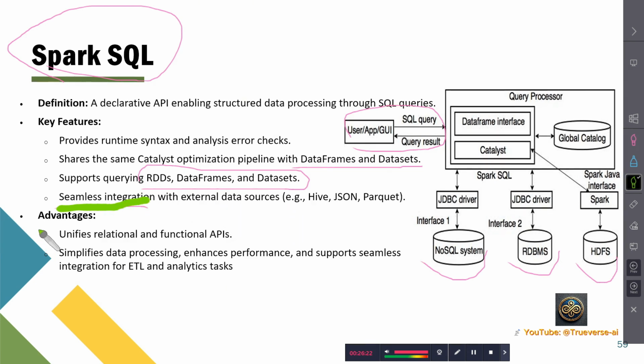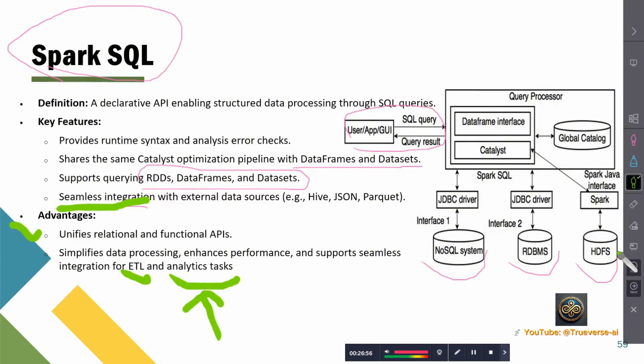So more advantages of the Spark SQL: unified relational and functional APIs, and also simplifies data processing, enhances performance, and supports seamless integration of ETL and analytics tasks. Especially this is good for AI analytics.